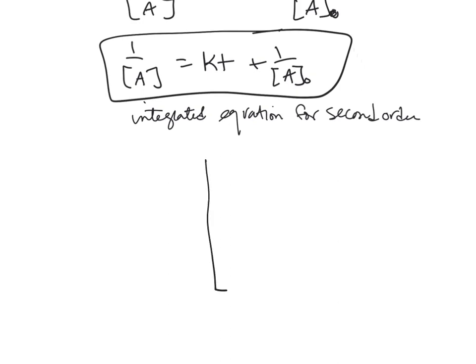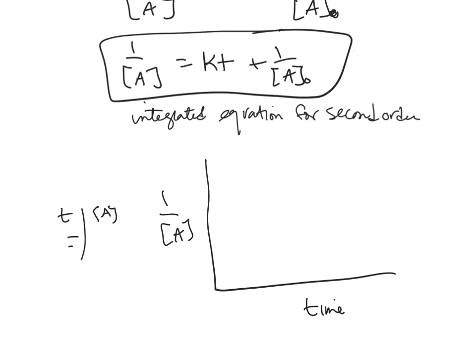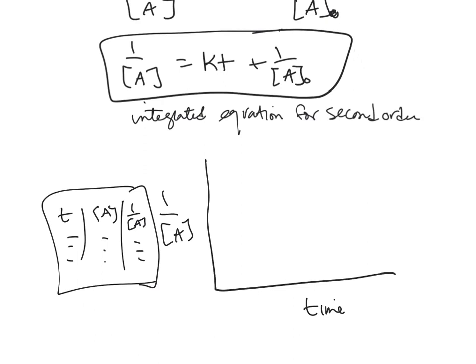And if you have a graph, 1 over A versus time. So how do you get 1 over A? Your data is going to be time and concentration, right? You have all these data points. But if you're going to plot 1 over A in your table, you have to take the reciprocal of each one of your concentrations there and calculate those, and then that's what you're going to plot right there.